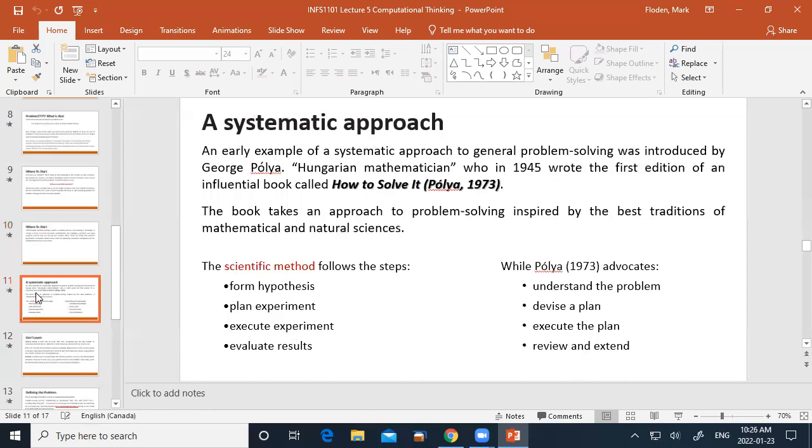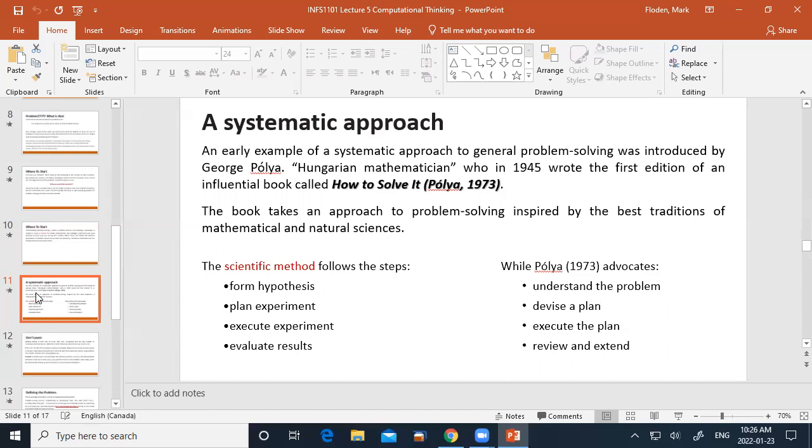All right. So this fellow by the name Polya, a Hungarian mathematician, apparently. I mentioned 1945, which is kind of strange because his book is actually from 1973, so maybe that's a later edition. If you look at this, on the left we have what we call the scientific method. The scientific method has been basically in this format for more than 1,000 years.